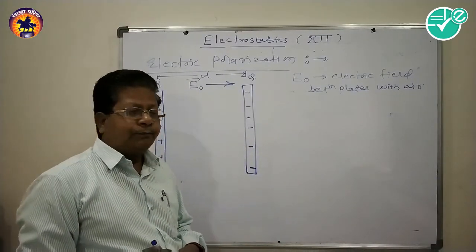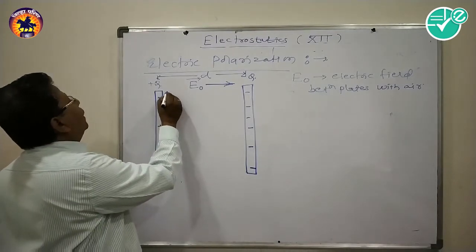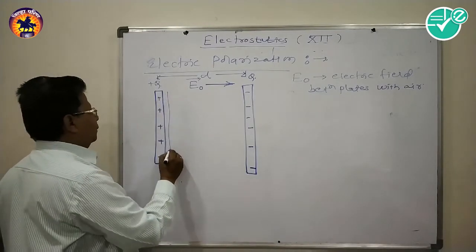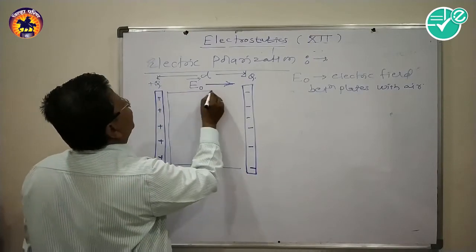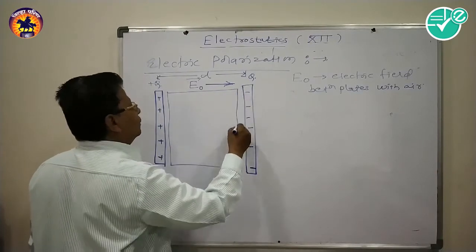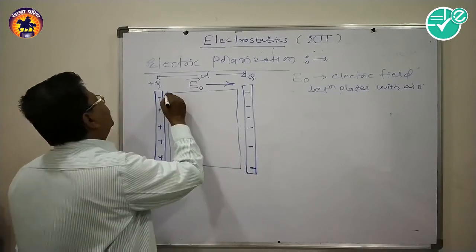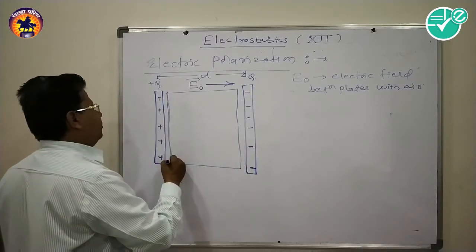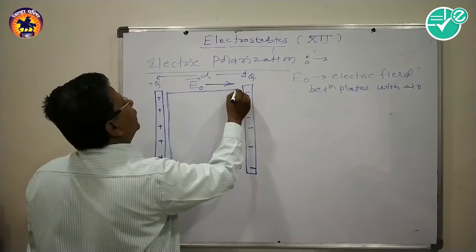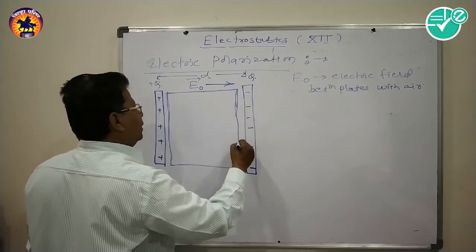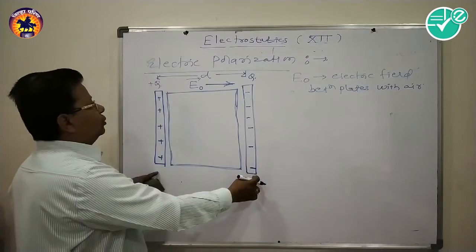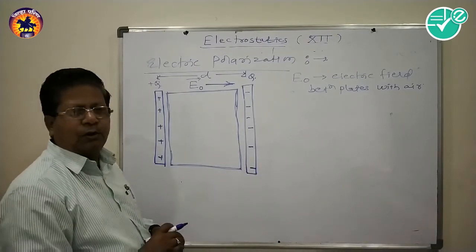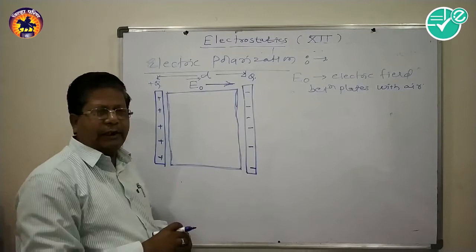Now, if we insert a dielectric material which is polar or which may be non-polar dielectric, is introduced between these two plates, due to which electric field is produced, that is E0.